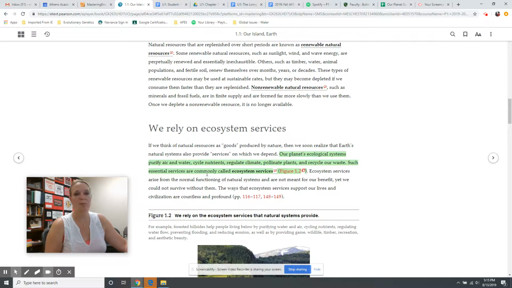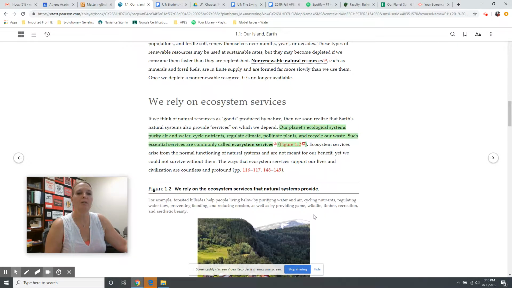Whether we're purifying air, recycling nutrients, or having our weather patterns regulated in part by the ecosystem, we pollinate plants, we recycle waste through our soils, and we get natural resources from timber or from food, and the biodiversity on the earth. We use natural resources for recreation and even aesthetic beauty.